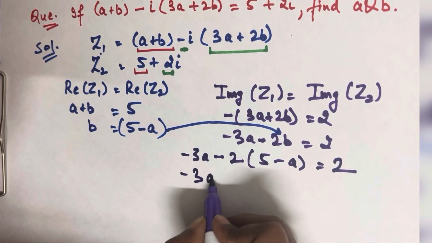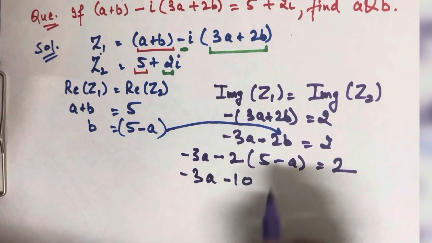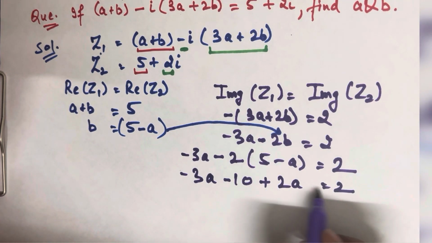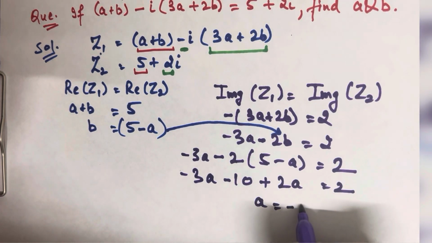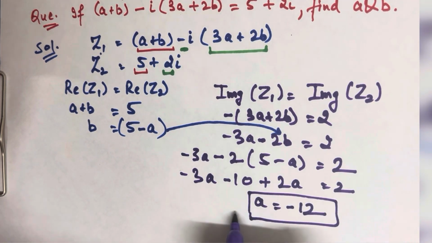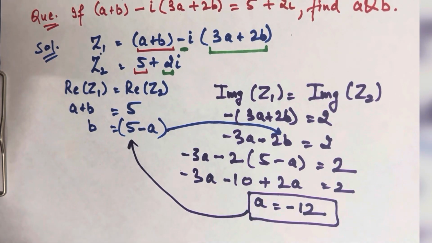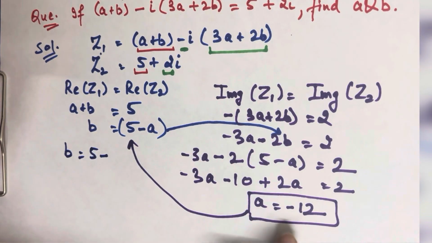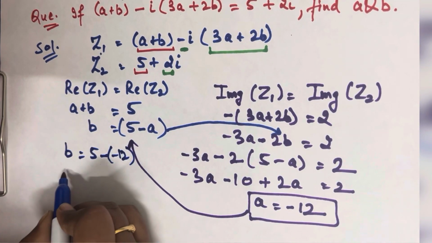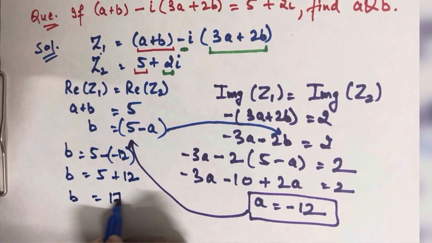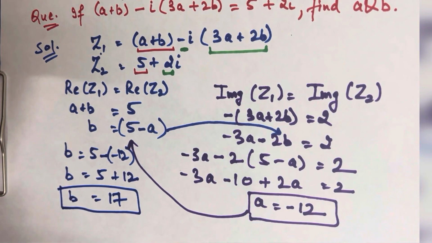So here we will have minus 3a minus 10 plus 2a equals 2. So from here we get a equals minus 12, right? Now we can substitute this value of a in the other equation. So b will be equal to 5 minus a, that is 5 minus (minus 12), which is 5 plus 12. So b will be equal to 17. So the values of a and b are minus 12 and 17 respectively.